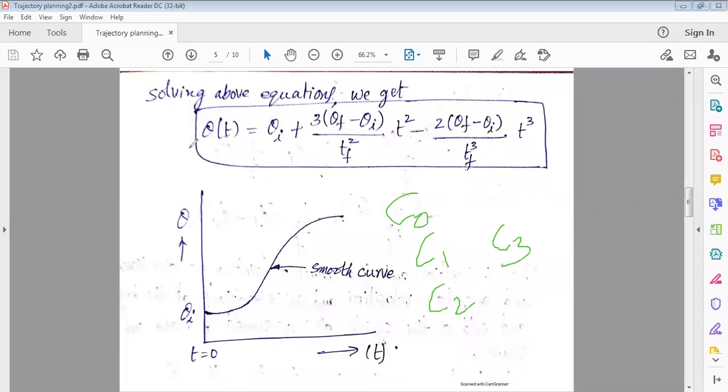Therefore, the final solution will be theta of t is equal to theta I plus 3 into (theta f minus theta I) by tf square into t square minus 2 into (theta f minus theta I) by tf cube into t cube. Here tf is the time at the destination point, and small t is a variable. From instant to instant, this t will be varying.